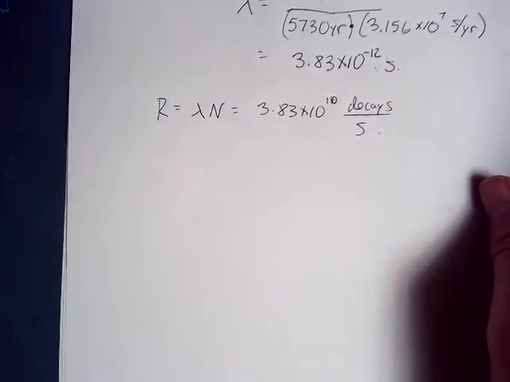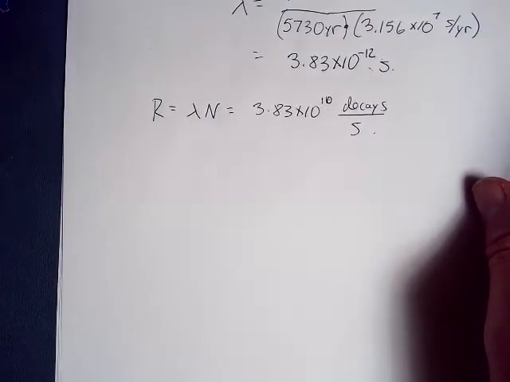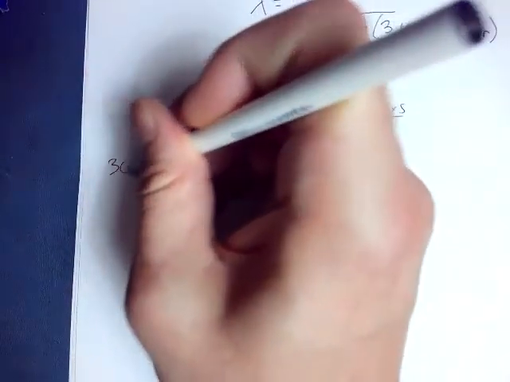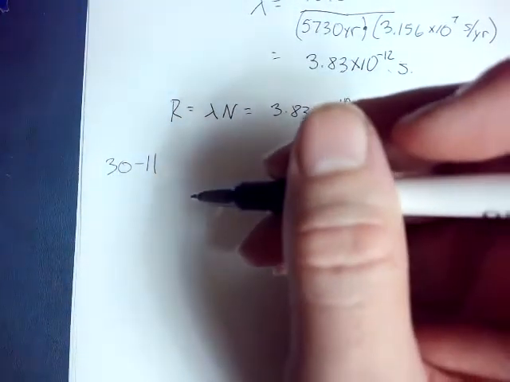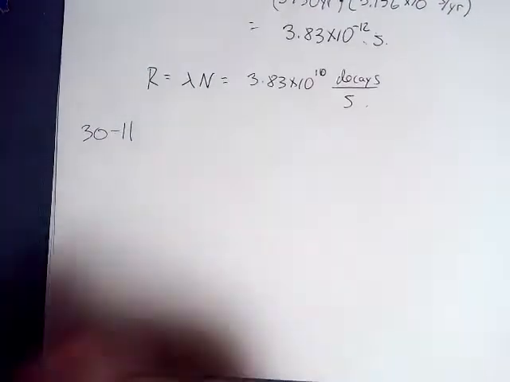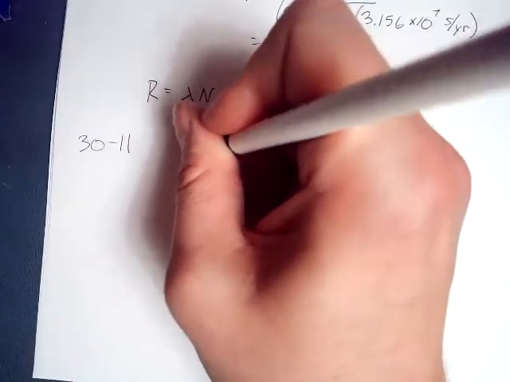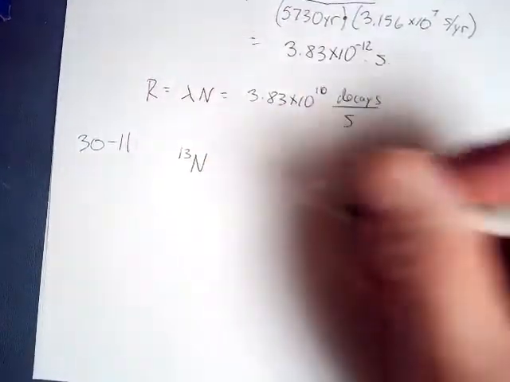Okay, where am I at? That was 39, so 3011. So for 3011, we have 1.49 micrograms. So we're dealing with N13.